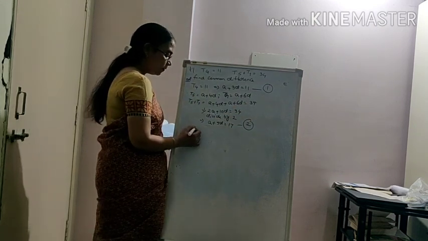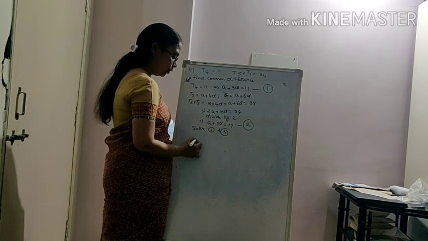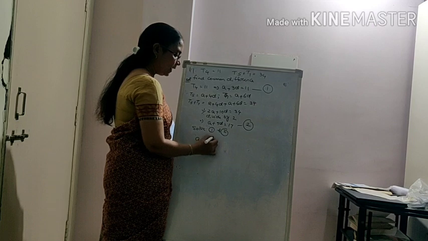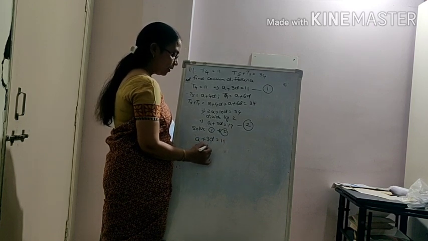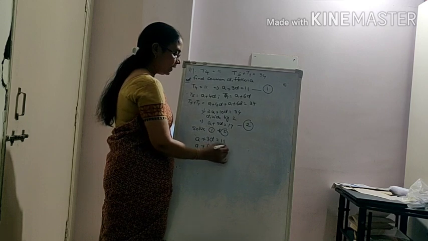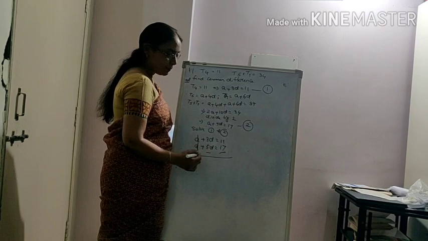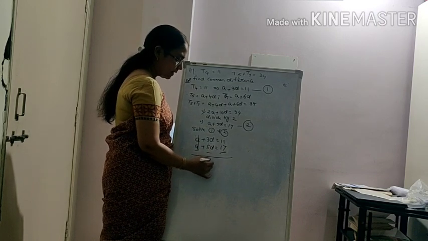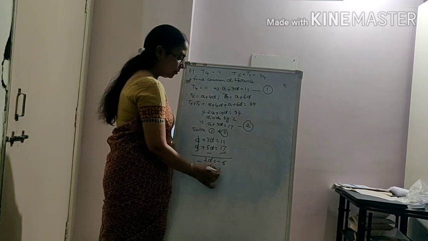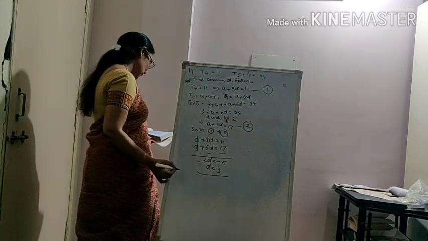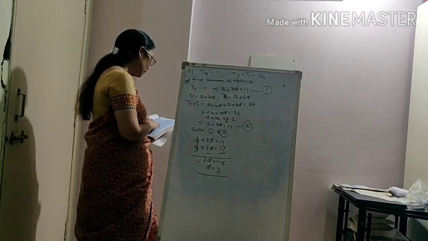Now solve 1 and 2. A plus 3D is 11. A plus 5D is 17. Subtract them. Minus 2D is equal to minus 6. So D should be 3. So the common difference is 3. That is your question number 11.